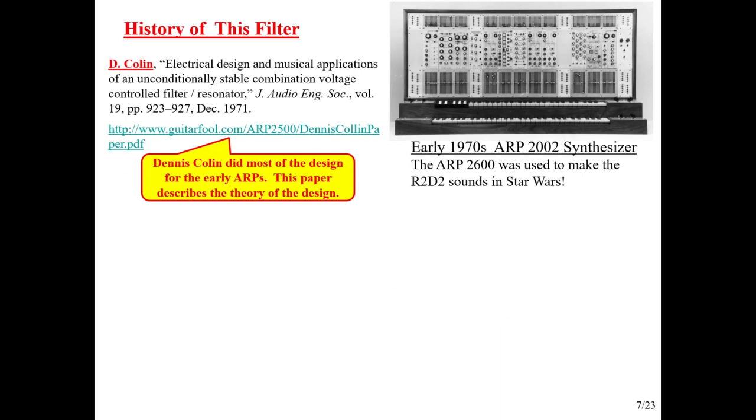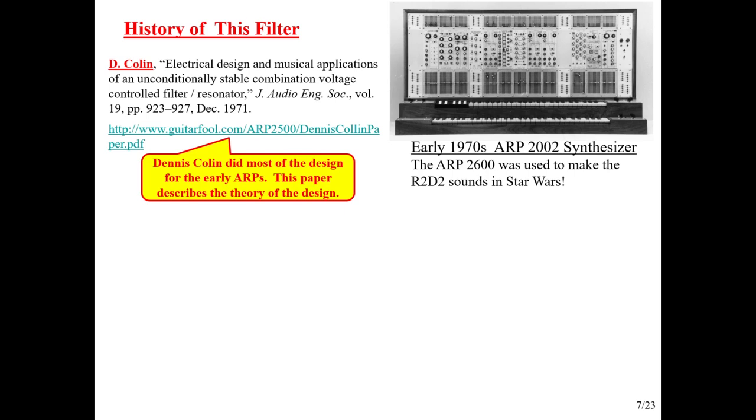So here's a little bit of history on this. There was a guy named Dennis Colin, and he worked for a company called ARP. And he was the one who did a lot of the designs of the early ARP synthesizers. So they were introduced, I think, in the late 1960s and very popular in the early 70s. They were a competitor to the Moog synthesizer.